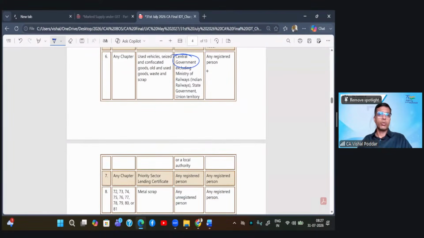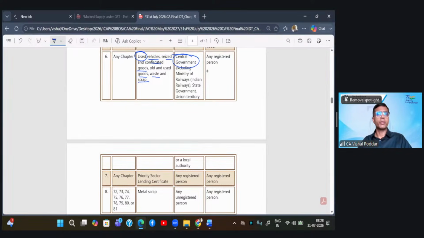Similarly, you know that many times government offices have many old items which they keep on selling. What are these old items? They're old vehicles, some seized goods because they may have seized them under various acts, or some old and used goods, waste and scrap. So it is nothing but the old items of their office.